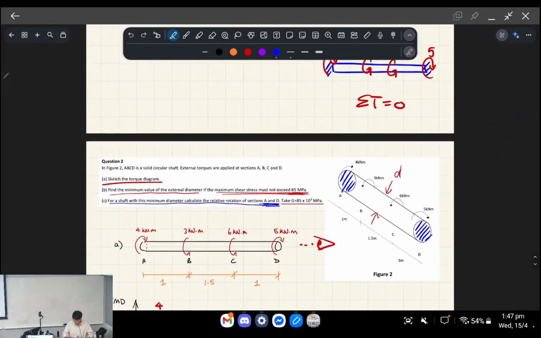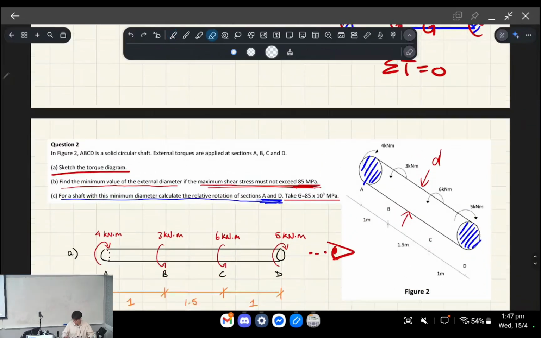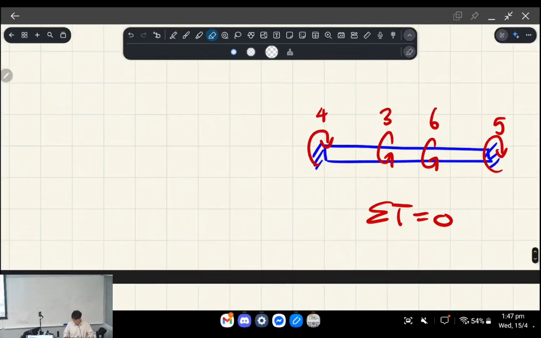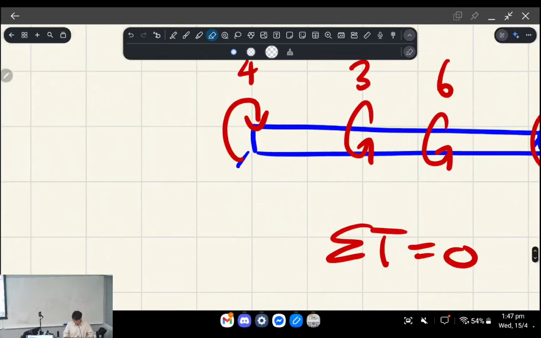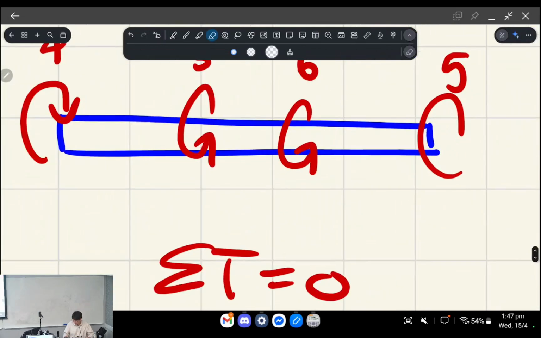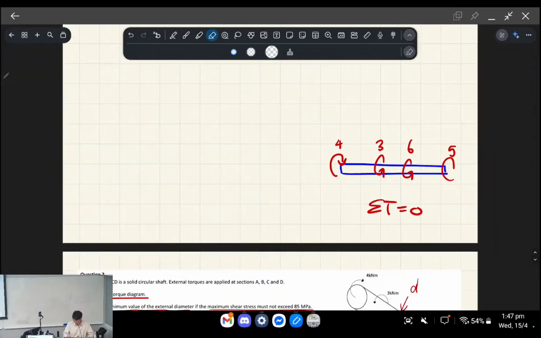Okay, so here's where my analogy that you can consider this as fixed breaks apart. You can't consider this fixed anymore. You can only consider it fixed for the purposes of calculating the torque equilibrium.